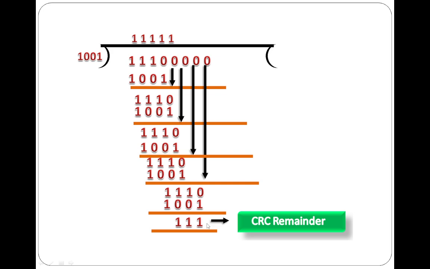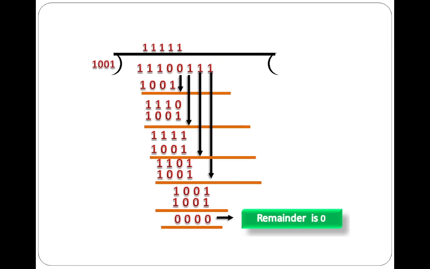The remainder 111 replaces the 3 zeros. After replacing it, we transmit to the receiver. Now you can see that instead of zeros it has been modified to 111.